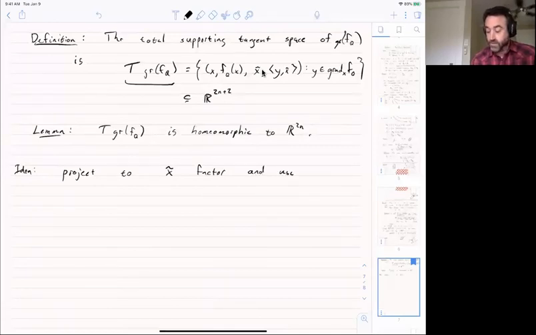This function fq is convex, and so you want to use convexity. In fact, you can project to this x tilde factor, and then you'll get a space that essentially looks like a staircase. So I was just going to show a picture of what you get there.